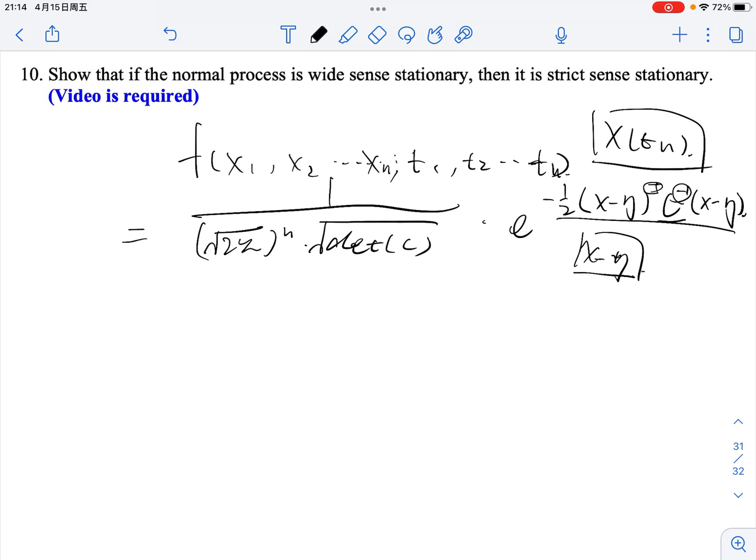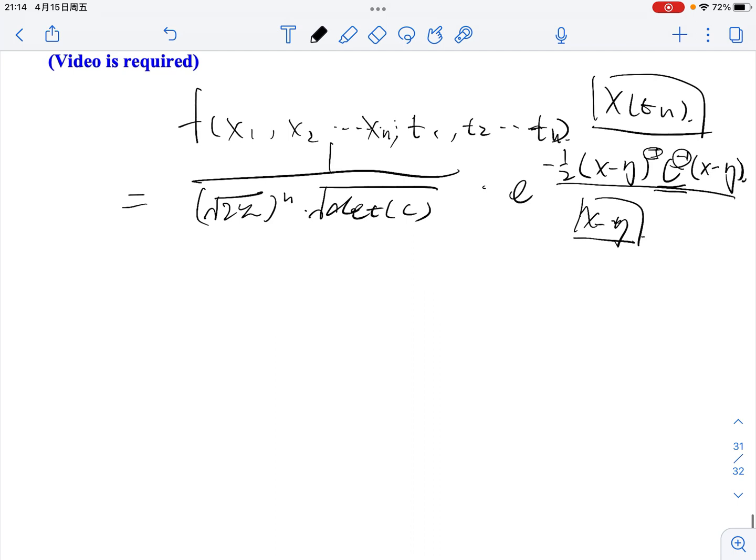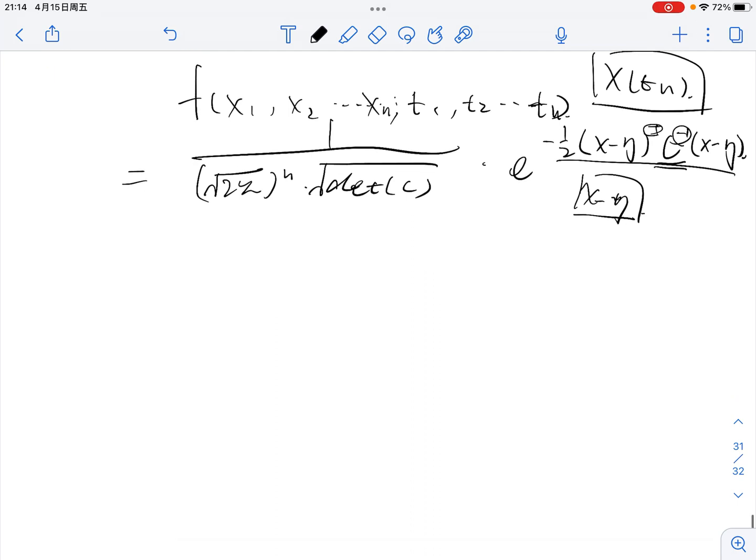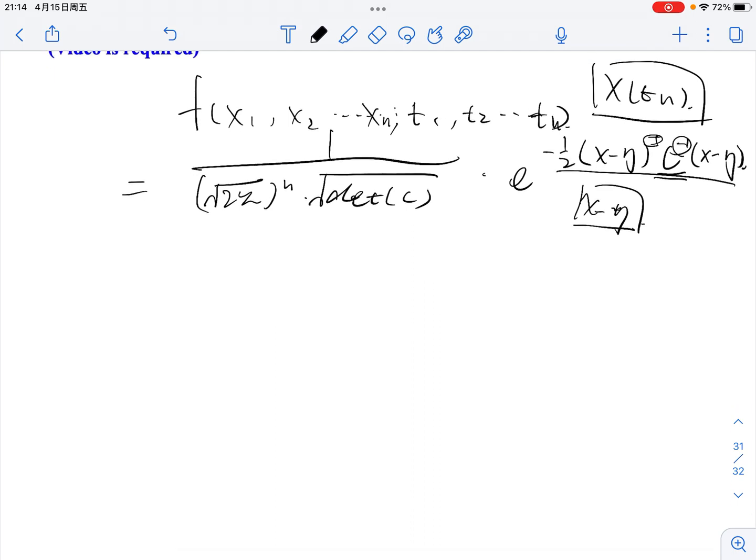To know whether a normal process is strict-sense stationary or not, we have to look into the covariance matrix. For a normal process, the covariance C could be denoted as the expectation of (x minus eta) times (x minus eta) transpose, where eta is the average, or mathematical expectation, of the random variable x.